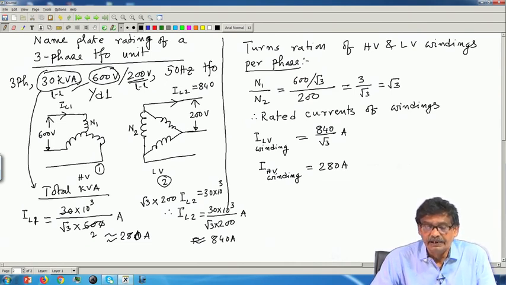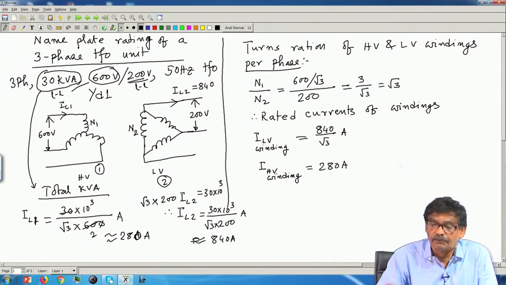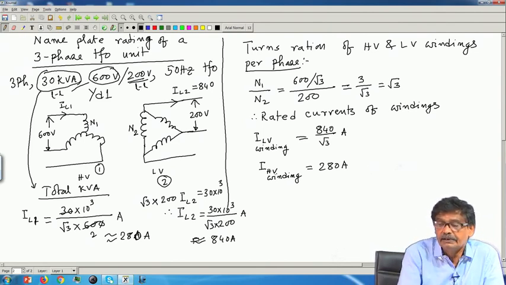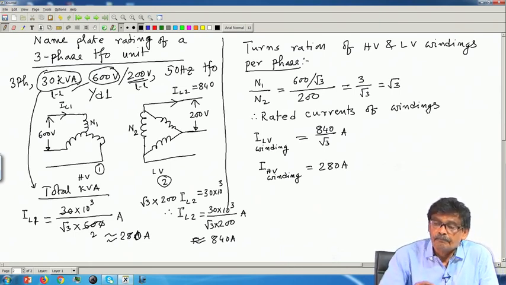of a single unit, compact 3-phase transformer, not 3 separate transformers you have put together and connected to work as a 3-phase transformer, but a single unit of 3-phase transformer, whatever kVA is given is the total kVA.